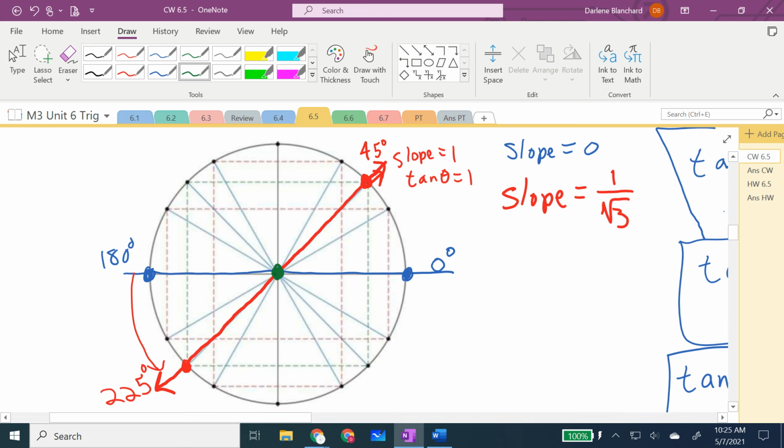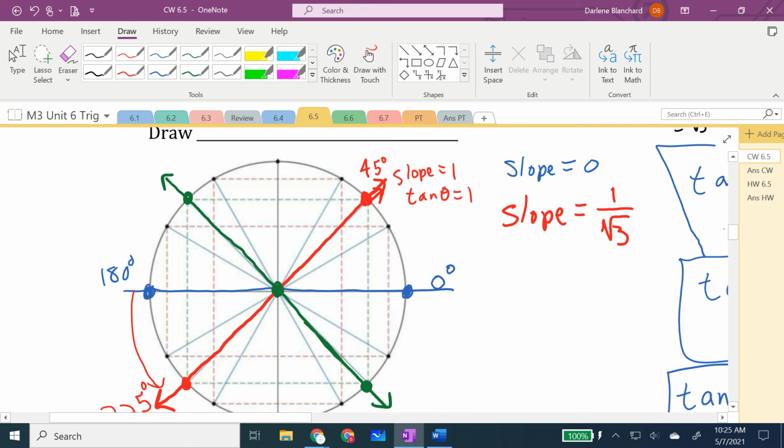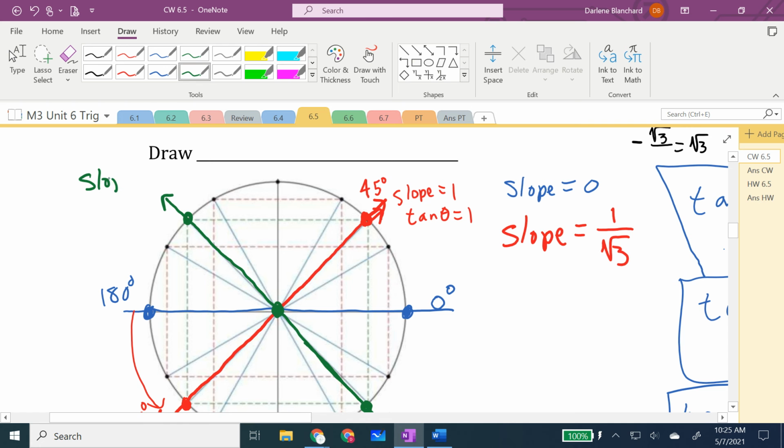If I draw a line through the origin with a slope of negative 1, it will intersect the unit circle at 2 places. For those angles, those are the angles where tangent is actually equal to negative 1.